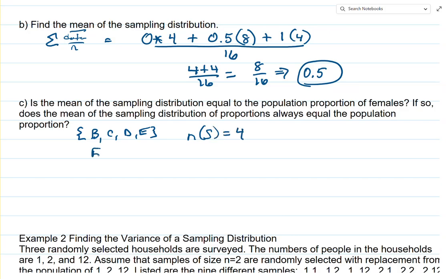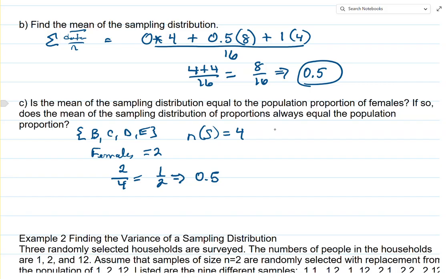And females had 2. So 2 out of 4 equals, you got it, 1/2, which is half, 0.5, half.